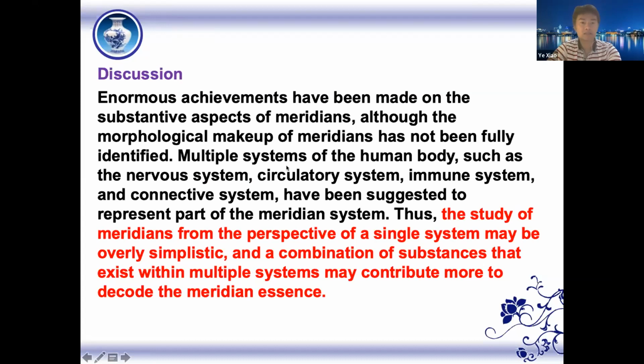And so here, enormous achievements have been made on the substantive aspects of meridians, although the morphological makeup of meridians has not been fully identified. Multiple systems of the human body, such as nervous system, circulatory system, immune system, and connective tissue system, have been suggested to represent part of the meridian system.